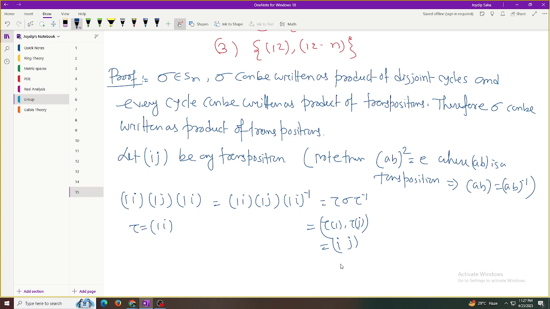So this is your (i j). If j equals 1, then same thing.